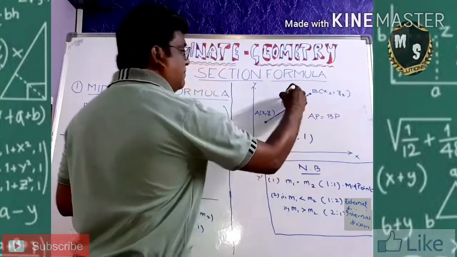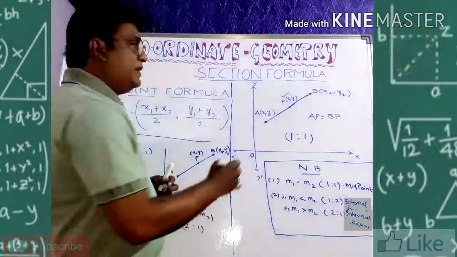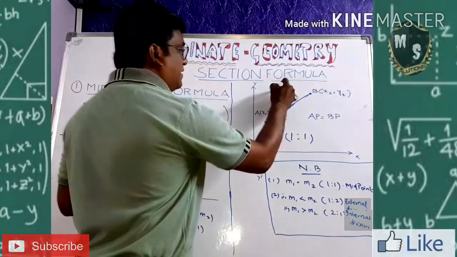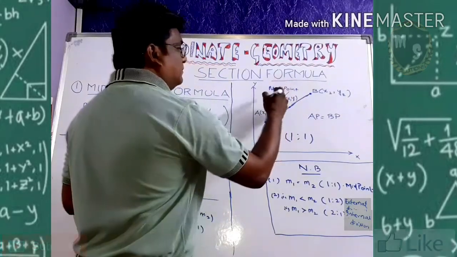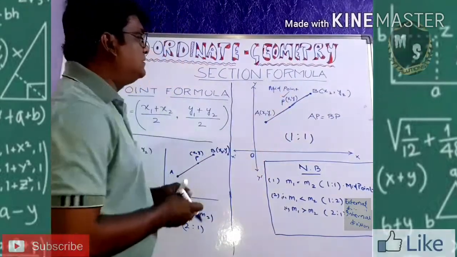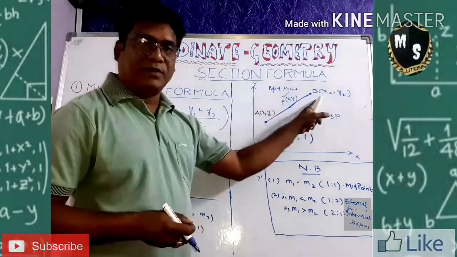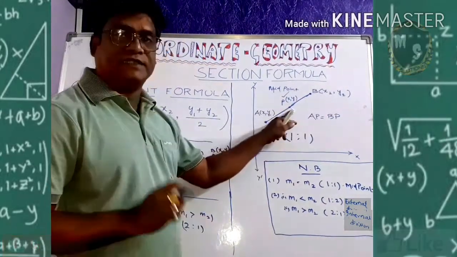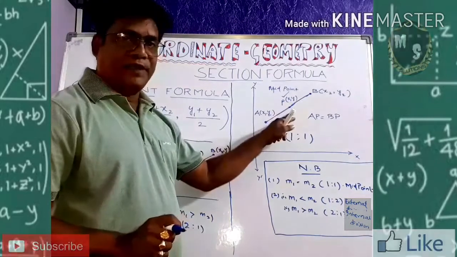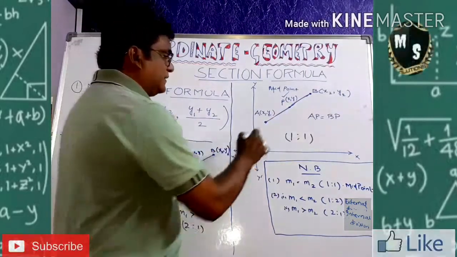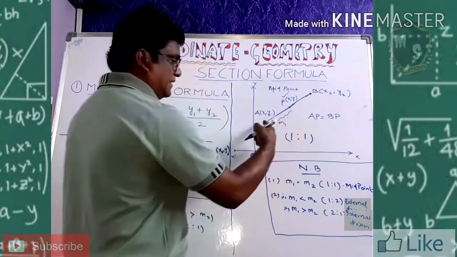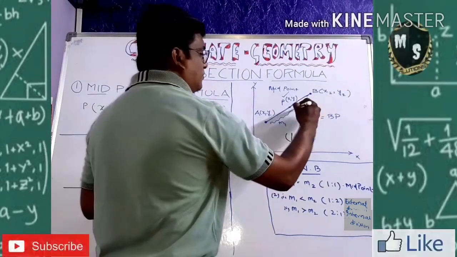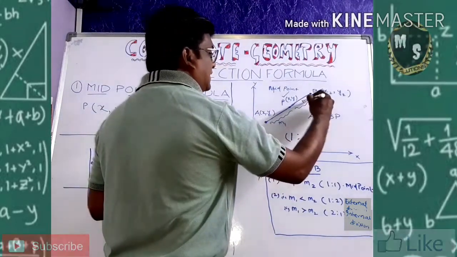Because P is my midpoint between A and B. For that reason, A to P is equal to B to P. Let AP be M1 and let BP be M2.